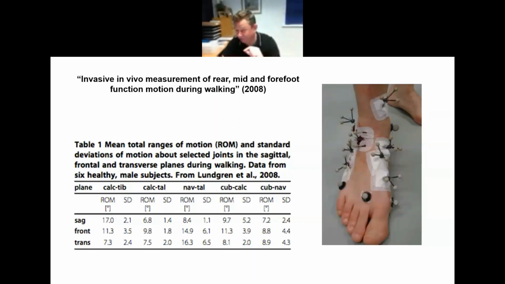It doesn't move as much as we thought it moved. At no point during these studies did the midfoot ever stop moving. It never happened. So you cannot say the midfoot locks, because this study proves it doesn't.